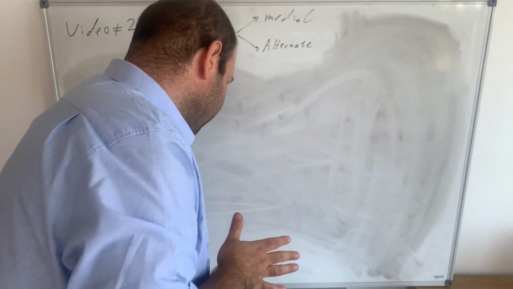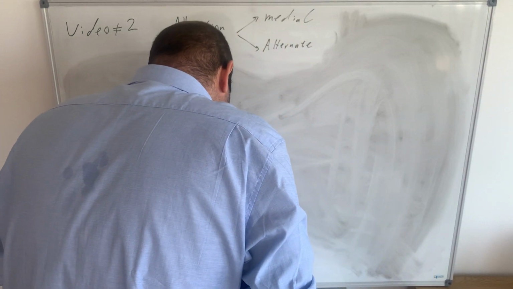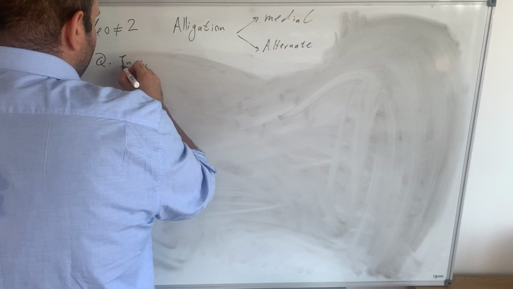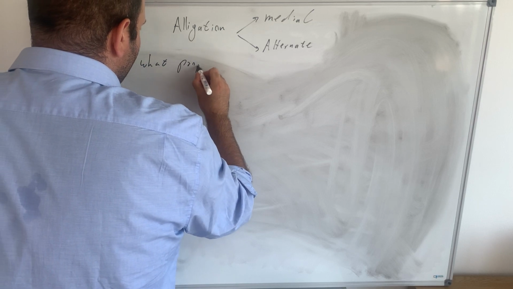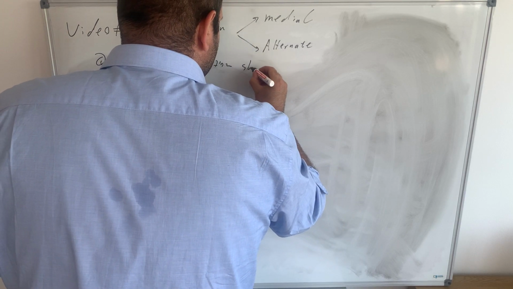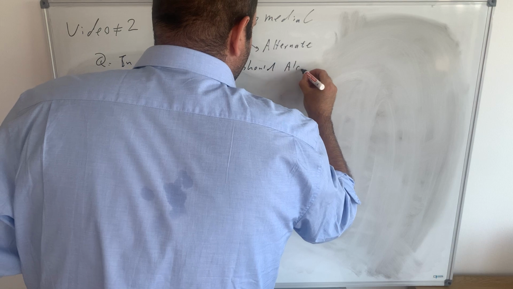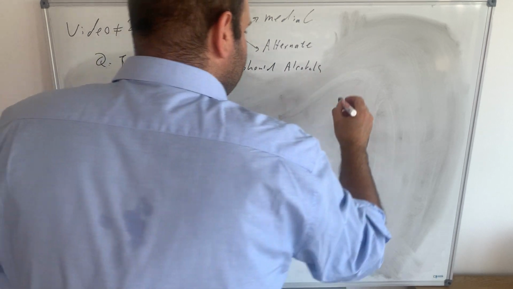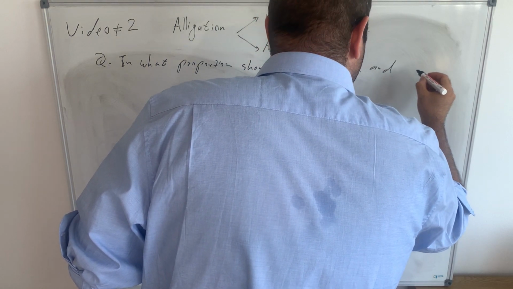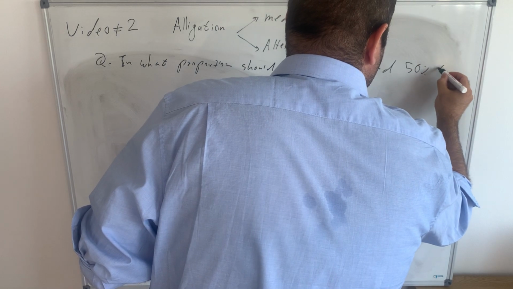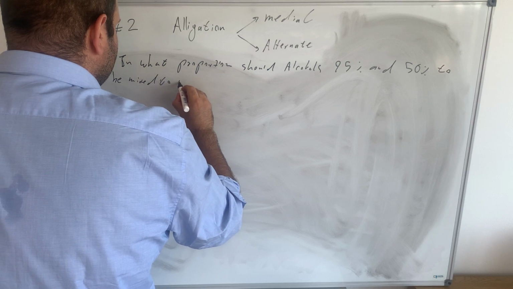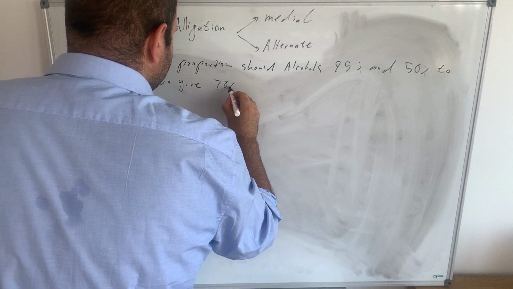The question is, in what proportion should alcohols 95% and 50% be mixed to give 70% alcohol?